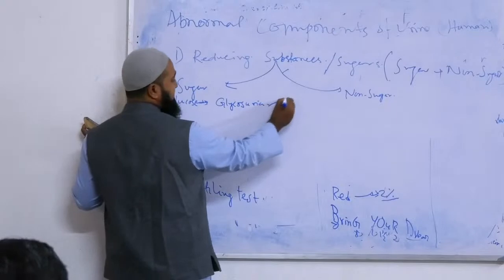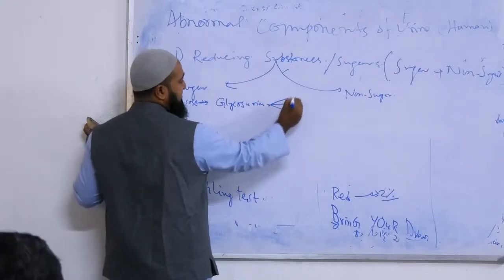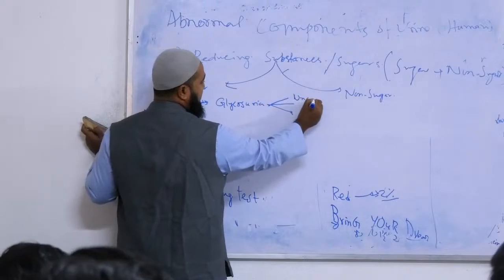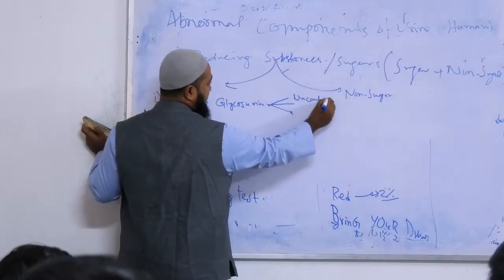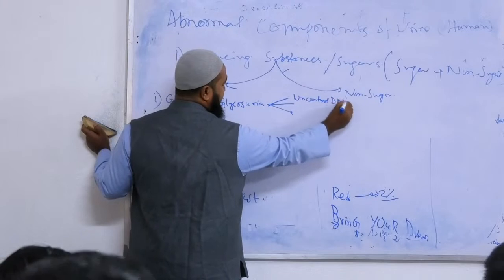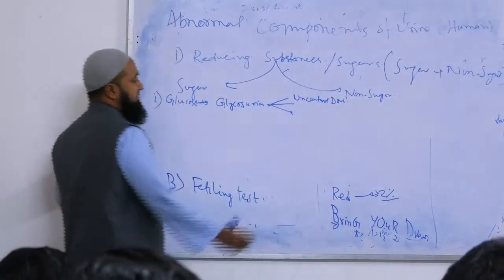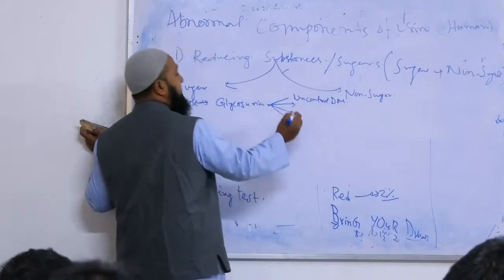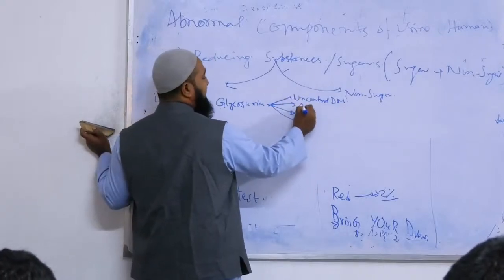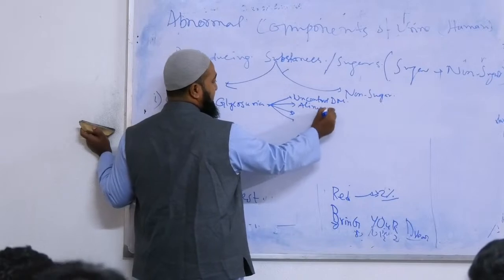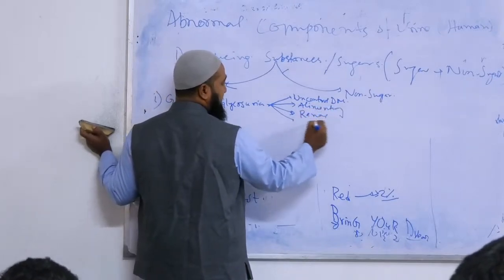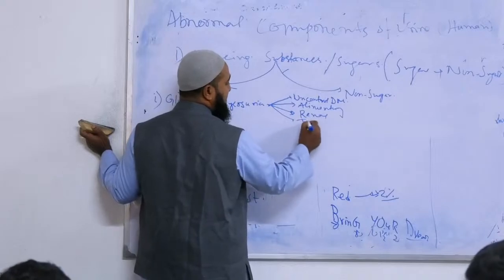The disease condition is always uncontrolled diabetes mellitus. There are some transient conditions: alimentary glycosuria, renal glycosuria, or transient glycosuria.